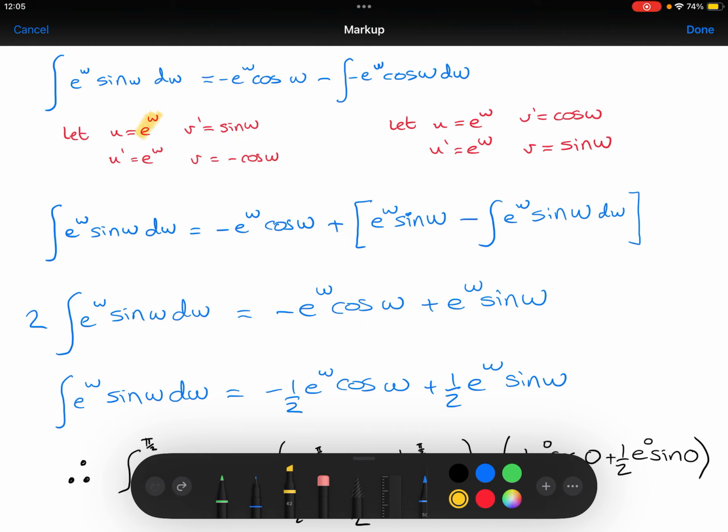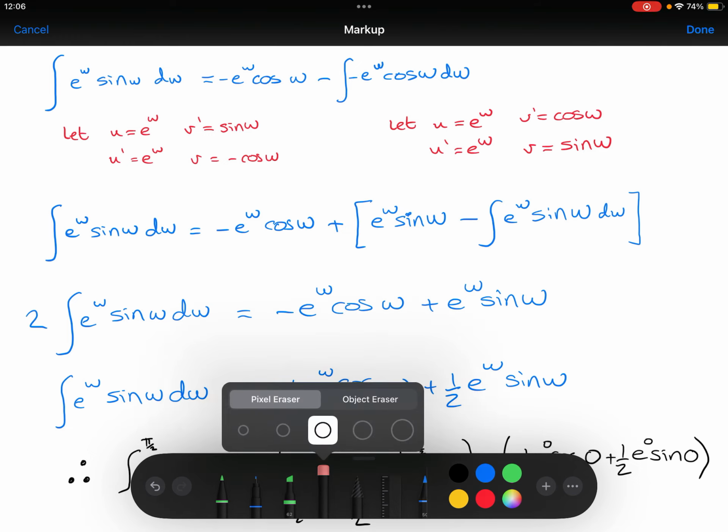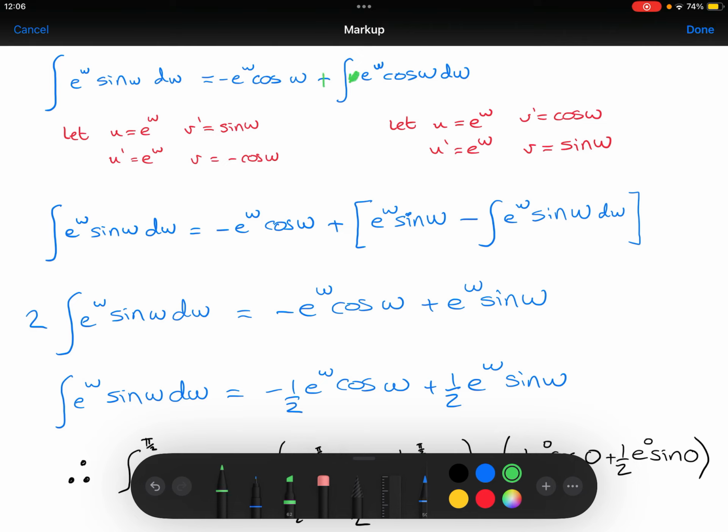The by parts formula: u times v minus the integral of u dash times v. Right, what I'm going to do now is I'm noticing that I've got a minus and a minus here, so I can turn that into a positive. So let's get rid of that completely and turn that into a positive there.